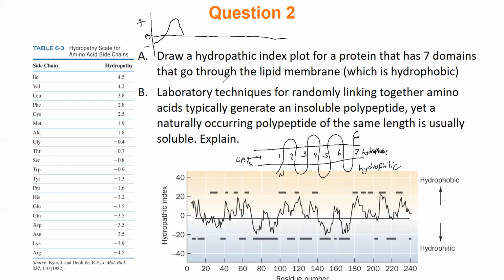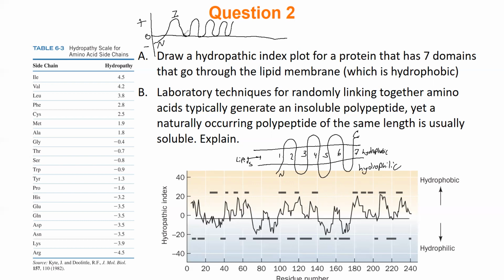So if I'm doing a hydropathy index, this would be my N term. And this is domain 1. And then this part down here that's going towards 0, these are going outside the membrane. But remember, this is a running average, so that I don't have to go into the negative, because most of this protein is hydrophobic.